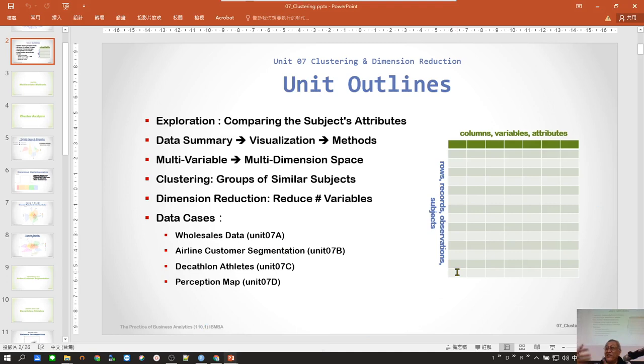Because it's loyalty program data, which is what we call CRM, customer relation management. So every record is one customer. Every row is now our unit of analysis, the customer, and the columns are the attributes of the customer. So let's see how many columns we have.